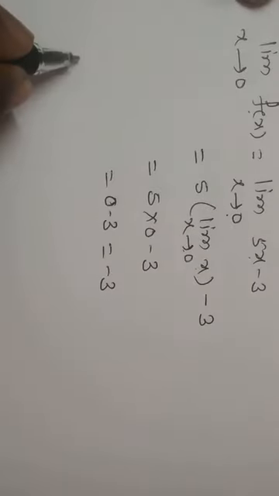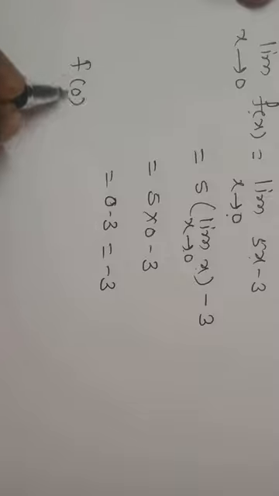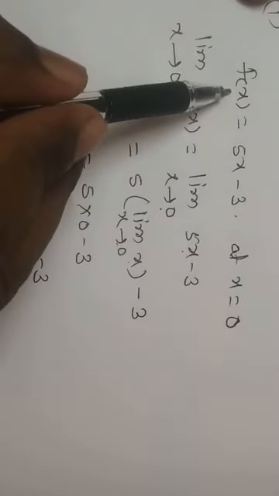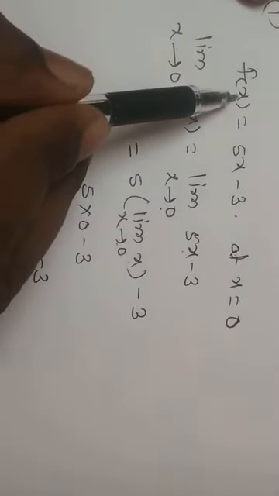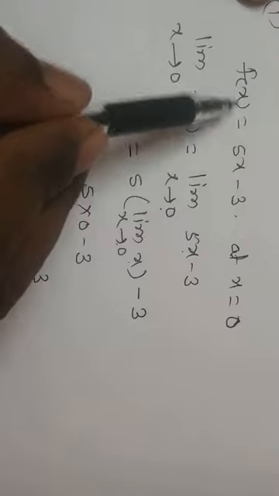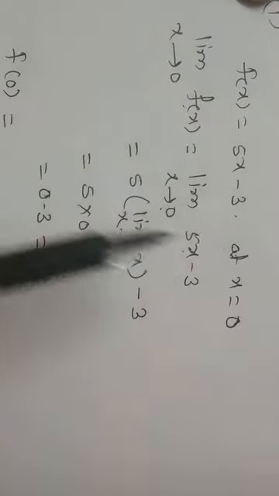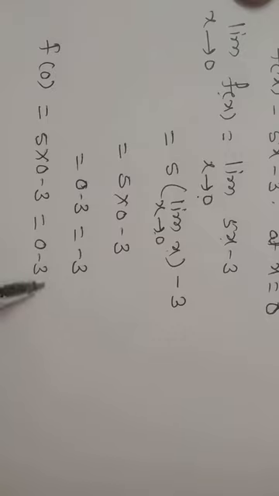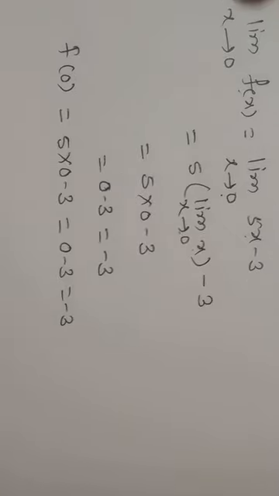Now put in f of 0. As f of x equals 5x minus 3, replacing x with 0 gives 5 into 0 minus 3, that is 0 minus 3, which equals minus 3.